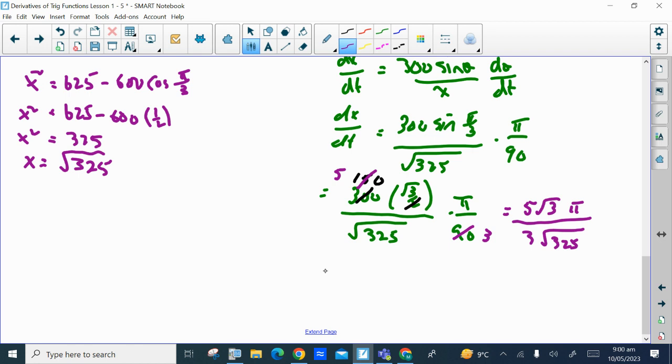Which I can simplify. If I rationalize the denominator by multiplying top and bottom by root 325, I'll have 5 pi root 3 times root 325, which would be root 975, over 3 times 325.